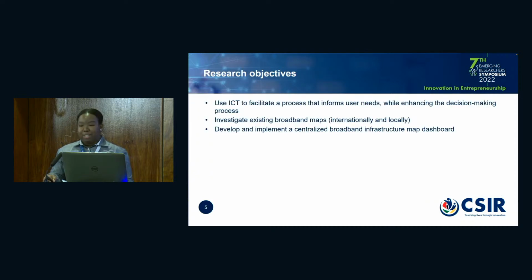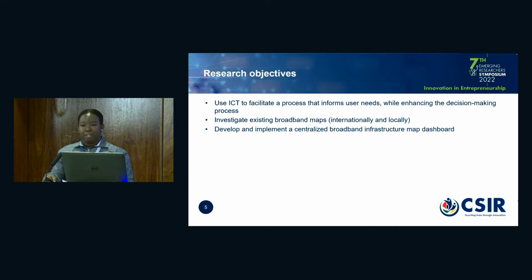So the research objectives for this project were to use an ICT system to facilitate a process that will inform user needs while enhancing their decision-making process. This was done by investigating existing broadband maps, both internationally and locally. It was found that many European countries are obligated to have broadband maps, and other countries outside of Europe also have broadband maps.